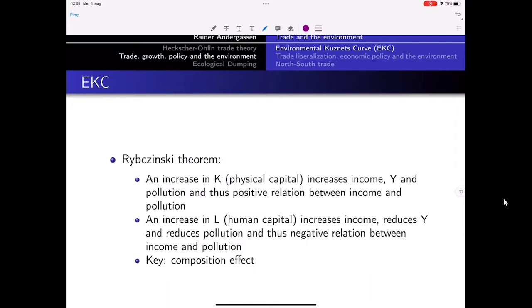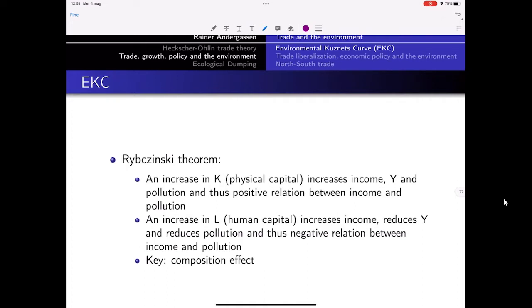You start to accumulate physical capital and produce output using more and more physical capital. According to the Rybczynski theorem we have seen, what increases is the production of the dirty good, and there should be a decline in the production of the clean good, and therefore this should increase pollution.